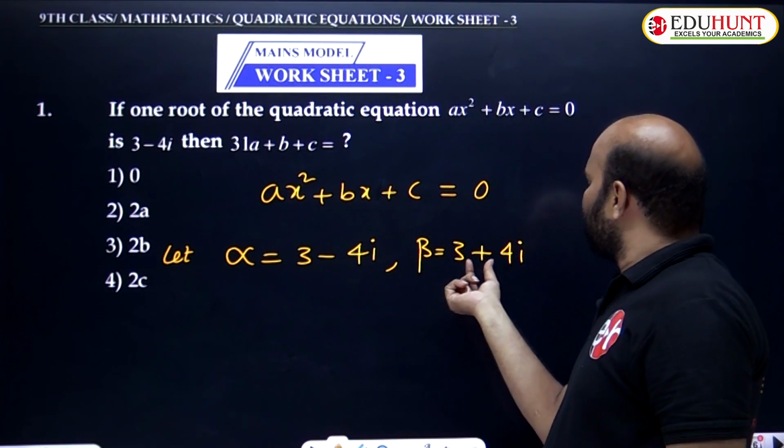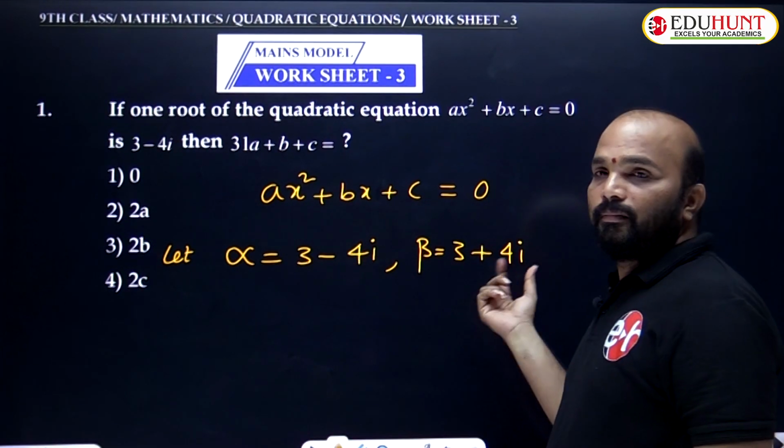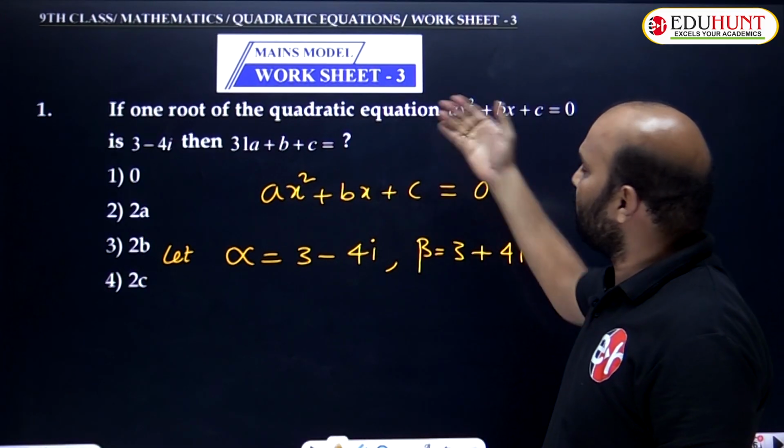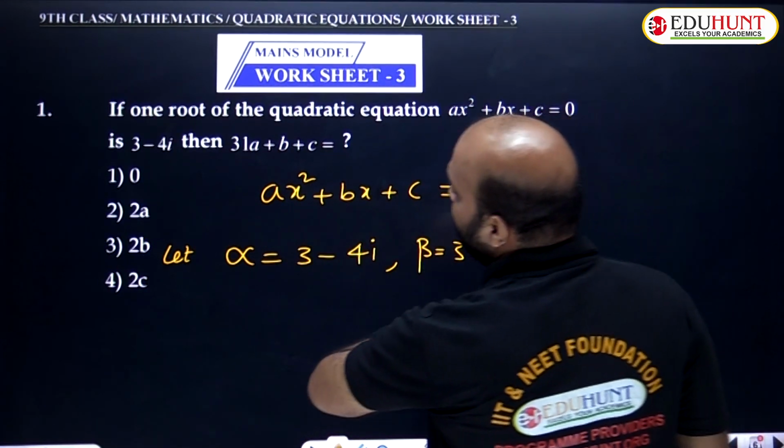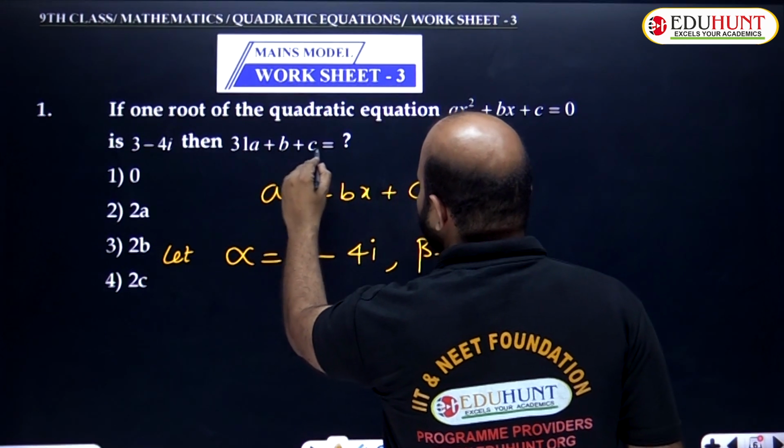Its conjugate, 3 plus 4i, must also be a root. Let me take this as the alpha value and this as the beta value. So alpha is 3 minus 4i, and 3 plus 4i must also be a root of the given equation. The question asks us to find 31a plus b plus c.